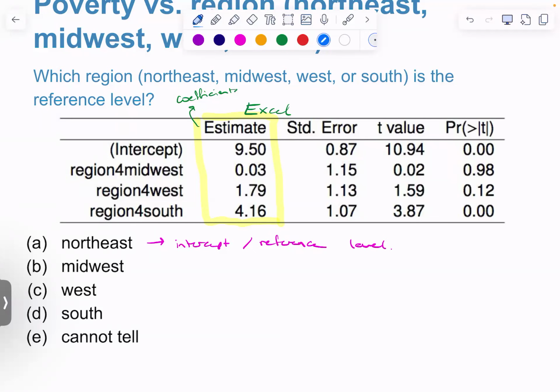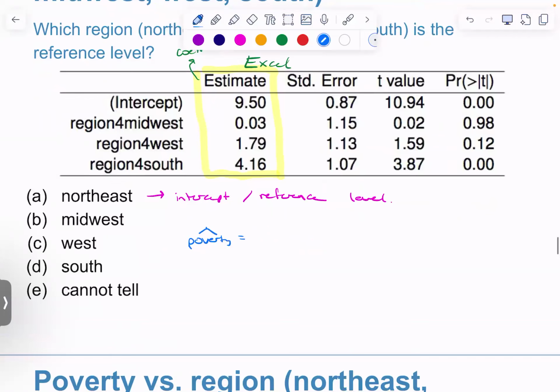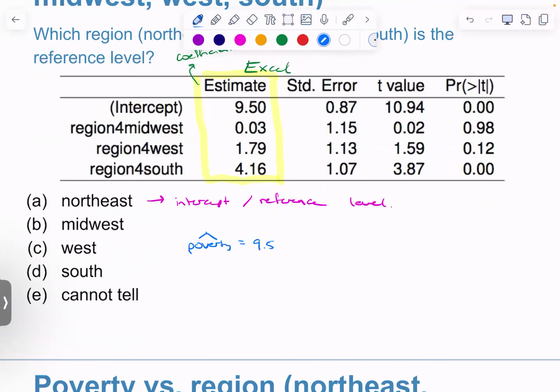We can rewrite this model just like we had before. Poverty hat is 9.50 plus 0.03 times the Midwest. Can I just say mid?